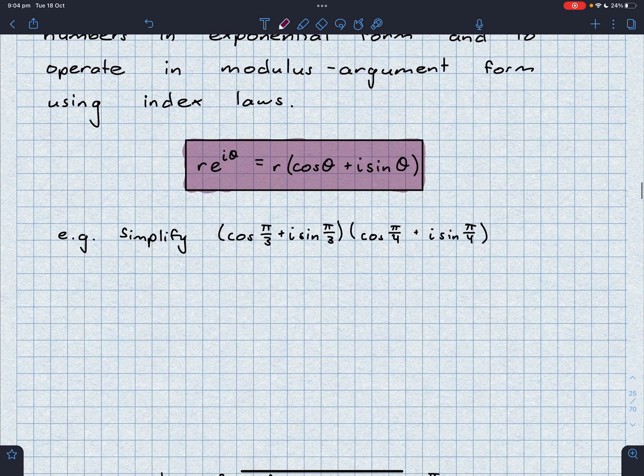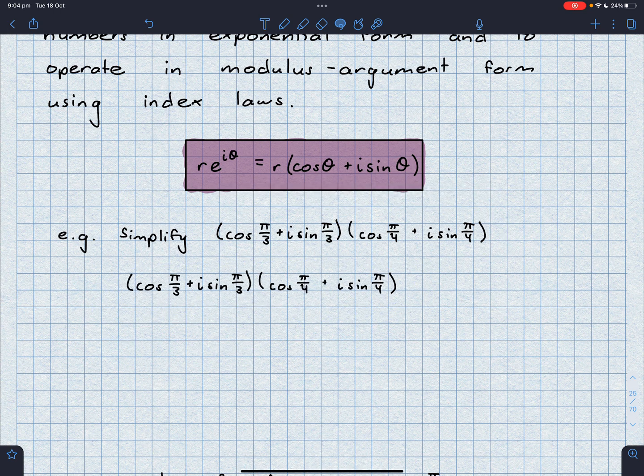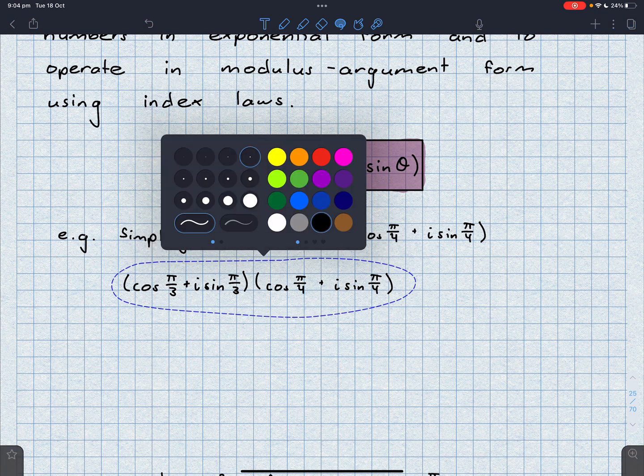Okay, first example we're going to look at here is simplifying the product of these two complex numbers in polar form. So I've got cis pi on 3 times cis pi on 4. Not too tricky in polar form, but even quicker in exponential form. So I'll take these two numbers and convert them into exponential form just by rewriting it.